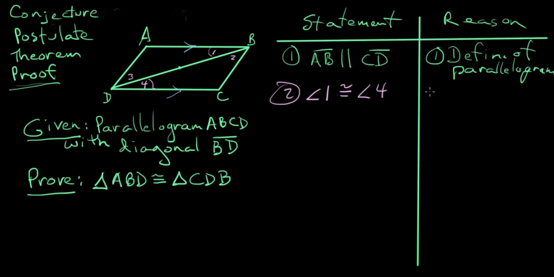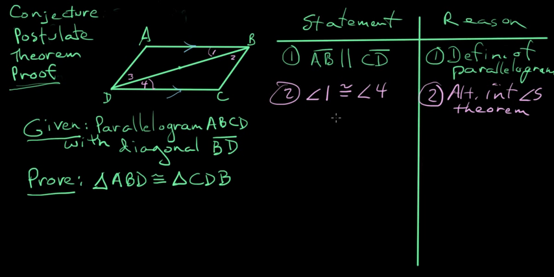And so we learned that in the last chapter, or one of the last chapters. This is the alternate interior angles theorem. You remember that? If we have two parallel lines, the alternate interior angles are congruent.